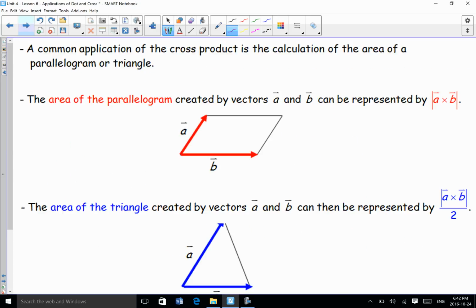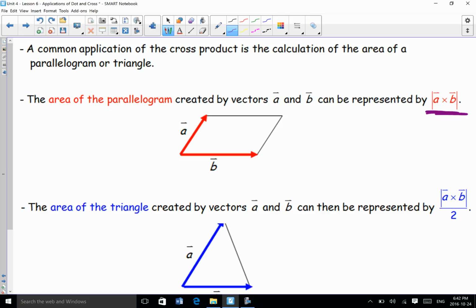A common application of the cross product is the calculation of areas, in particular parallelograms and triangles. Okay. The area of a parallelogram created by two vectors that are meeting tail by tail can always be found by the cross product of those two vectors, and then take its magnitude. Because remember, the cross product produces a vector which has components, and we can find its magnitude.